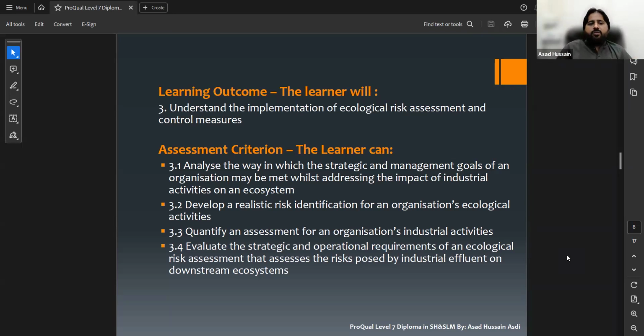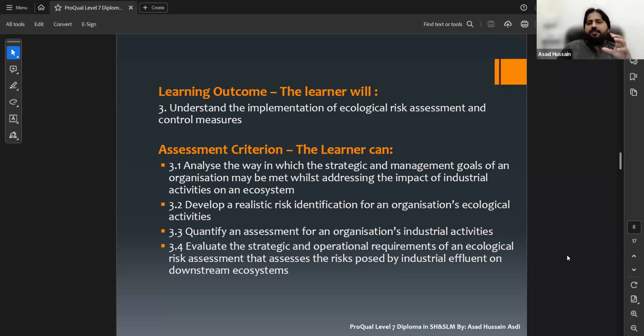Now in 3.3, quantify an assessment for an organization's industrial activities. So basically, here you know very well that safety is basically a qualitative thing. But in some cases, as you have also studied, it can be semi-quantitative, or in some cases quantitative.